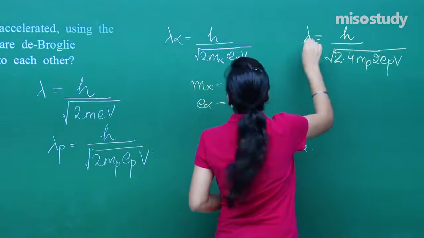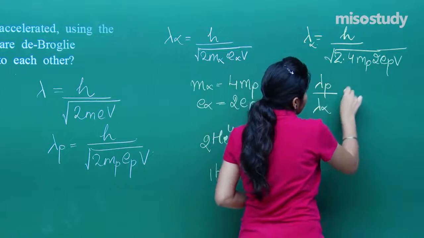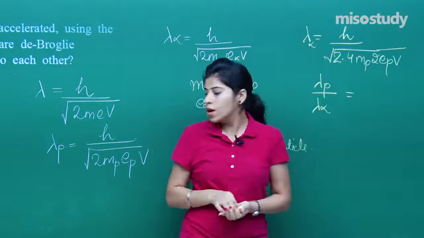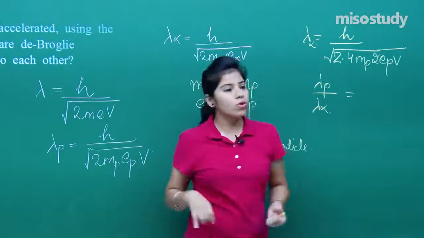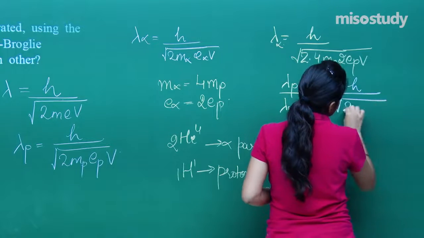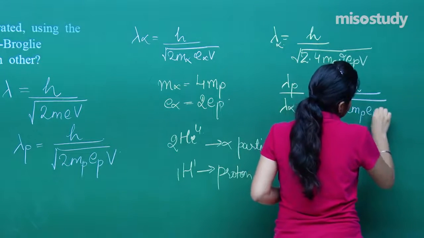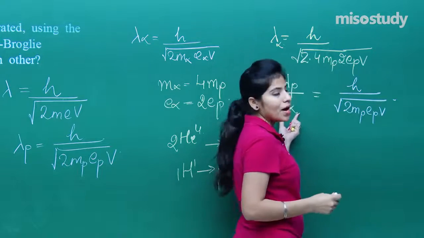This is lambda alpha. Now lambda p upon lambda alpha, because we want to find the relation between them, lambda p is h upon under root 2 mp ep into V. So put this value, divided by lambda alpha.